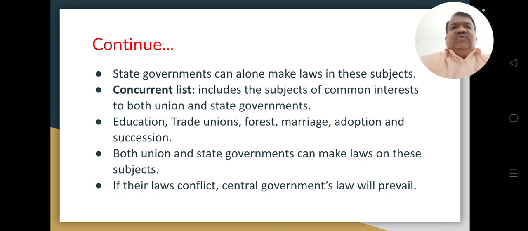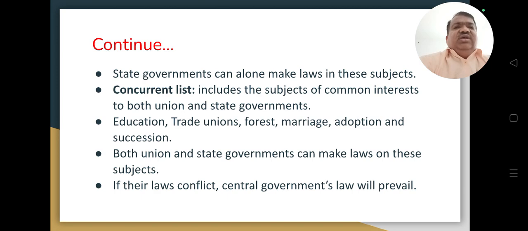The last one is the concurrent list, which includes the subjects of common interest to both union and state governments like education, trade unions, forest regions, marriage, adoption or succession. Like this, 47 subjects are there in this list. Both union and state governments can make laws on these subjects.